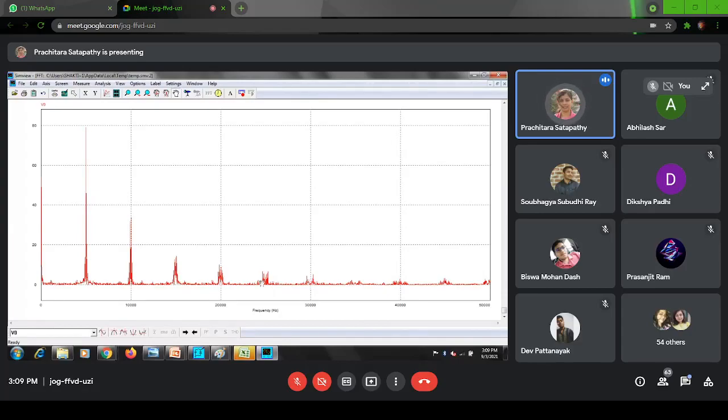You can see plus 1 at the half. 2F plus 1 is present. 2F plus 1, 2F minus 1. So here also the even numbers are also present.